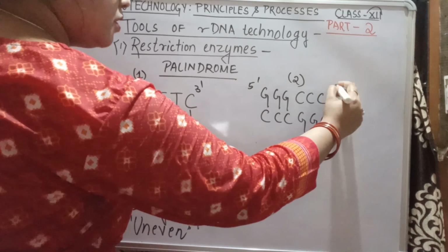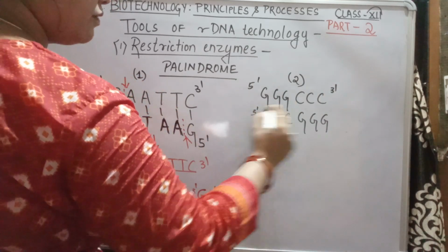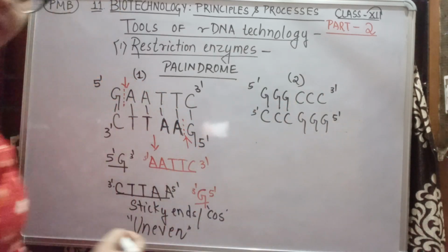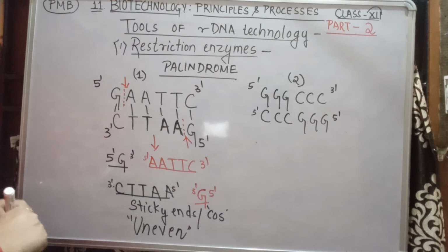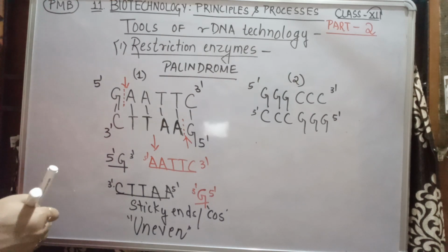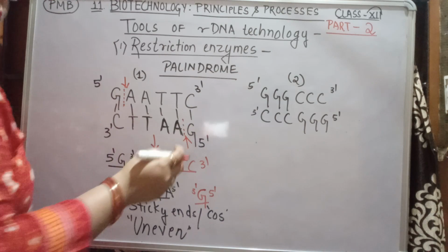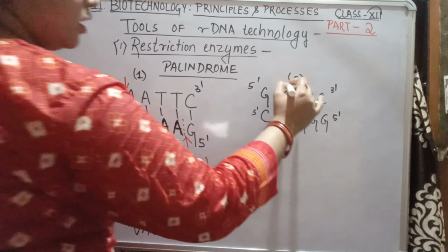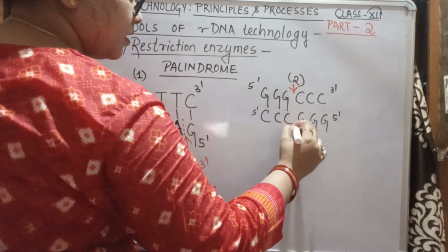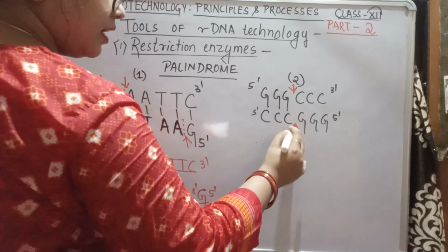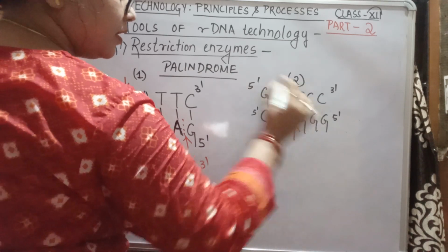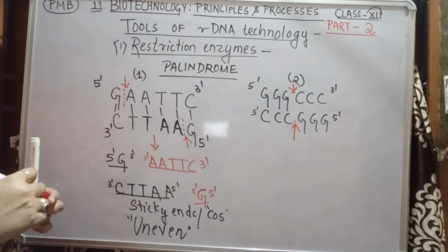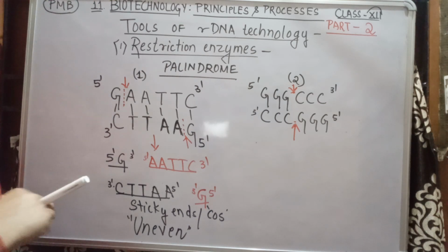This is another sequence of DNA which we have taken. Here, since the whole sequence is GC rich, it will cut both the strands at this particular point.